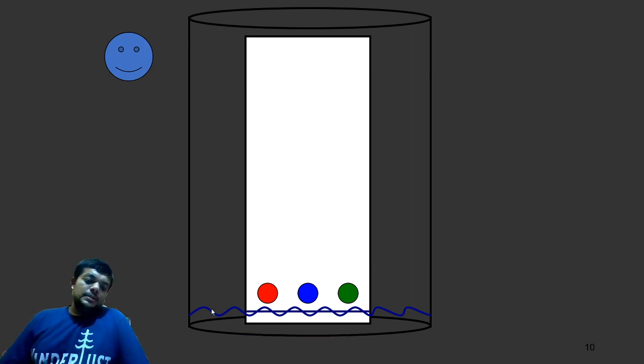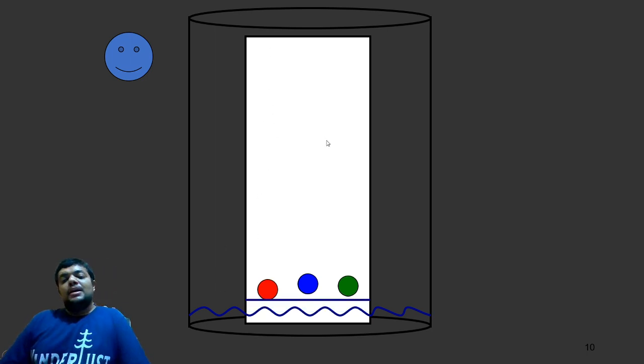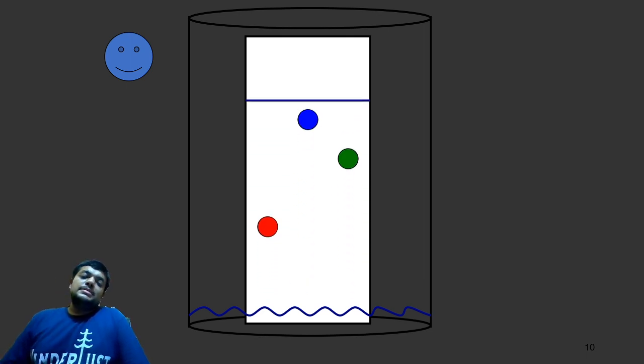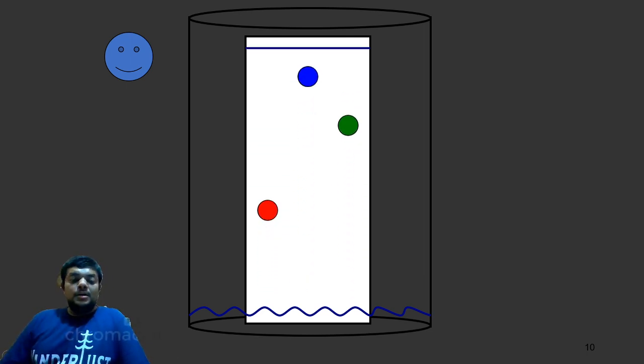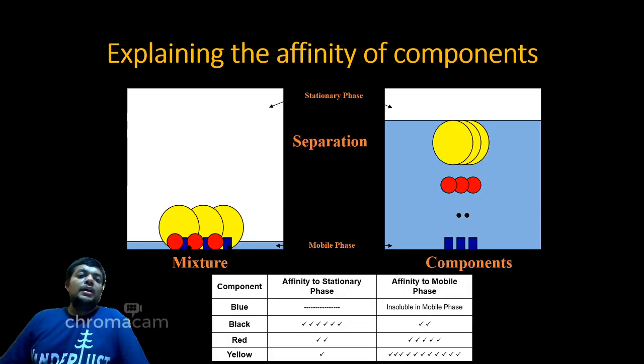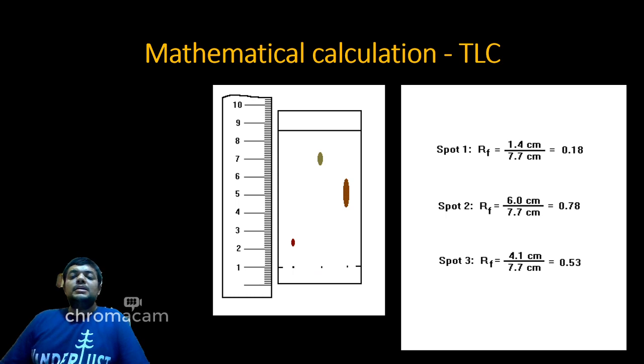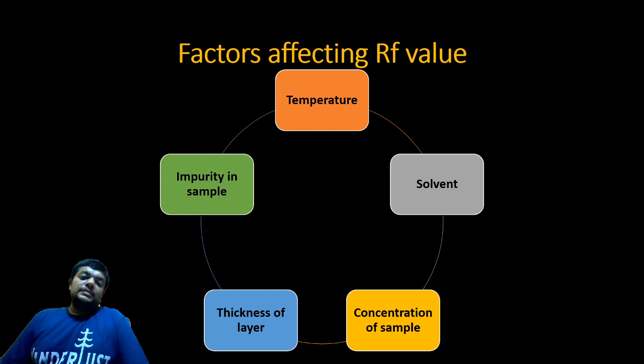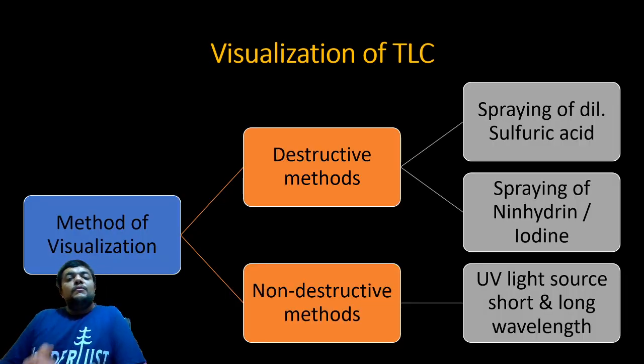So here comes the distance of the mobile phase from here to here, and the stationary phase, the samples from here to the distance they travel, which can be calculated as RF values, not from the bottom of the plate. We calculated and we learnt about the RF values, the concept of affinity, a mathematical calculation, factors affecting RF value and visualization of TLC. So friends, this much is the topic that has to be covered in TLC.